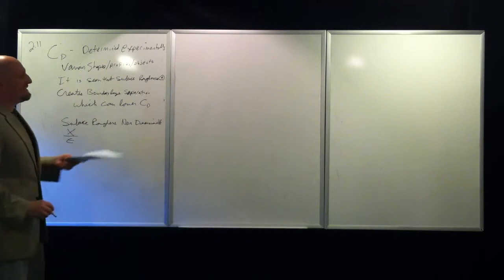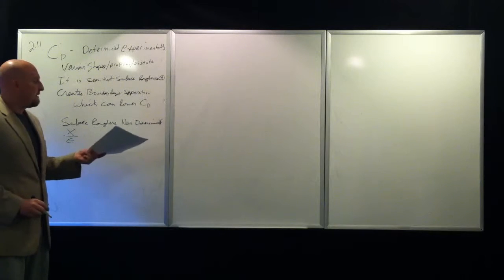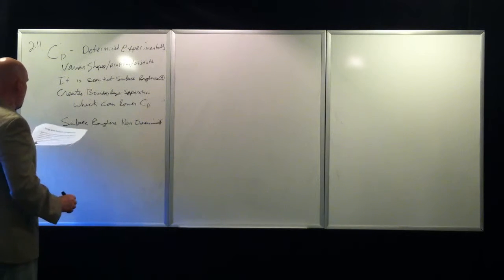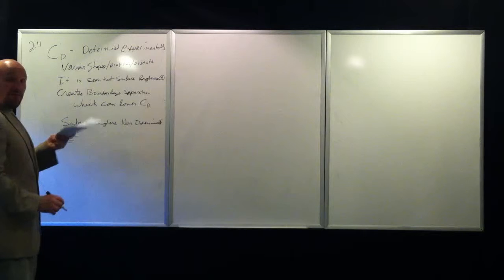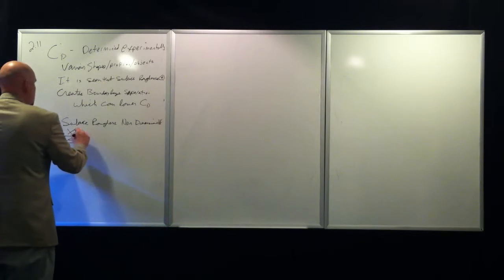So the surface roughness non-dimensional number, or dimensionless number, is given by x over epsilon. It's going to be a ratio of lengths.